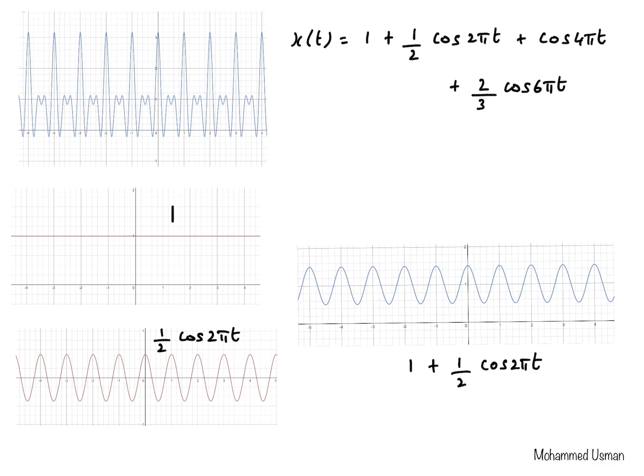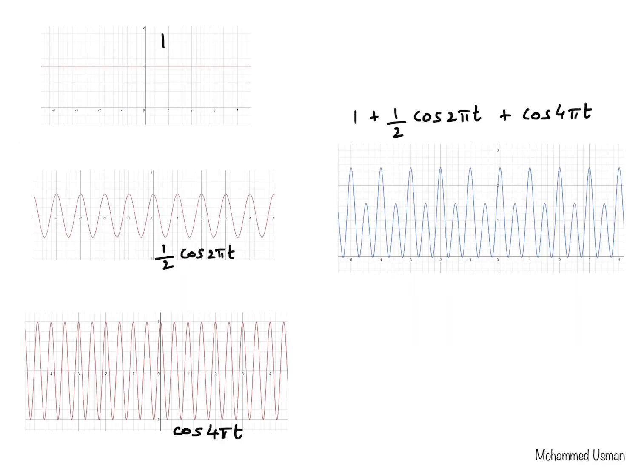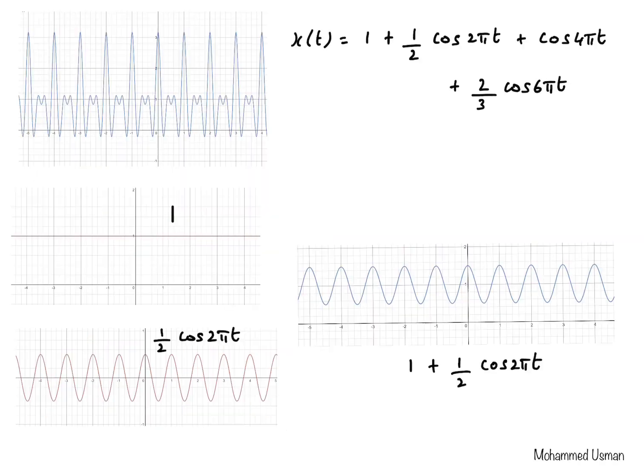Now what we'll do is we'll add three terms and see what it looks like. So we'll add 1 plus half cosine 2 pi t plus cosine 4 pi t. When we add three components of this equation, we get the waveform which looks like this. But this is still not the same as our x of t.